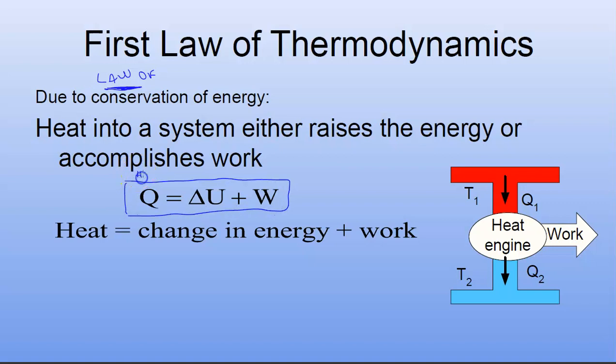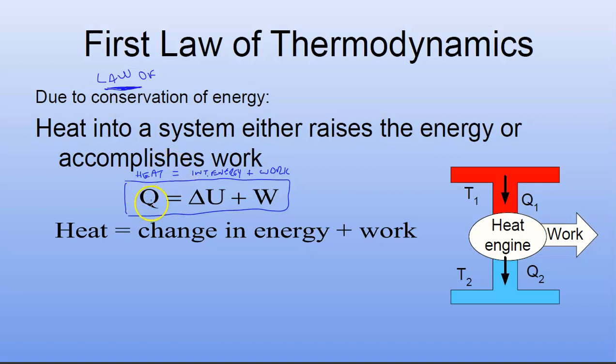Q stands for heat, and when I put heat into a system, it's either going to turn into internal energy, that would be the temperature and the pressure and the state, how much energy those molecules inside the gas or liquid or solid or whatever this is have, moving and vibrating more, or I'm going to get some work out.